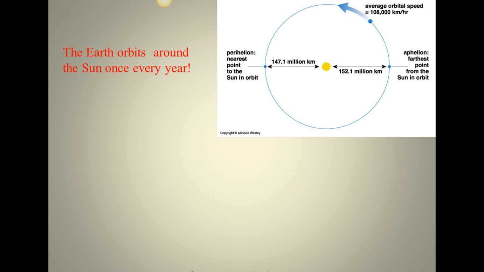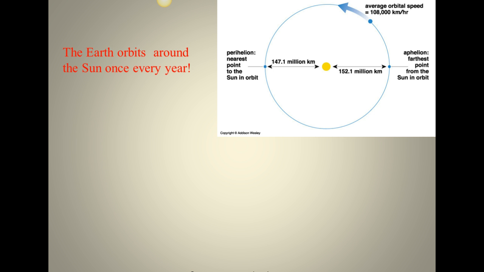Now I would challenge you that most people believe the seasons are caused by the difference in distance of the sun from the Earth. They would believe that summer occurs at its perihelion, where it's nearest to the sun, and that winter occurs at the aphelion, or the furthest point from the sun.